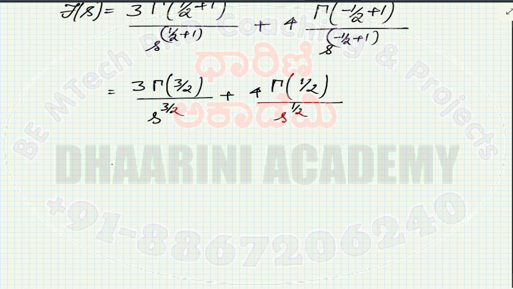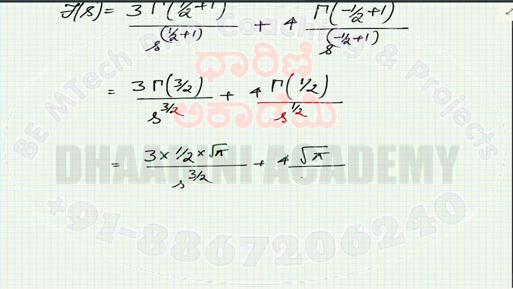Okay, now, what is gamma 3 by 2? Let's simplify. 3 into gamma 3 by 2 is 1 by 2 into root pi whole divided by s to the power 3 by 2, plus 4 times gamma of half, which is simply root pi, divided by s to the power half.